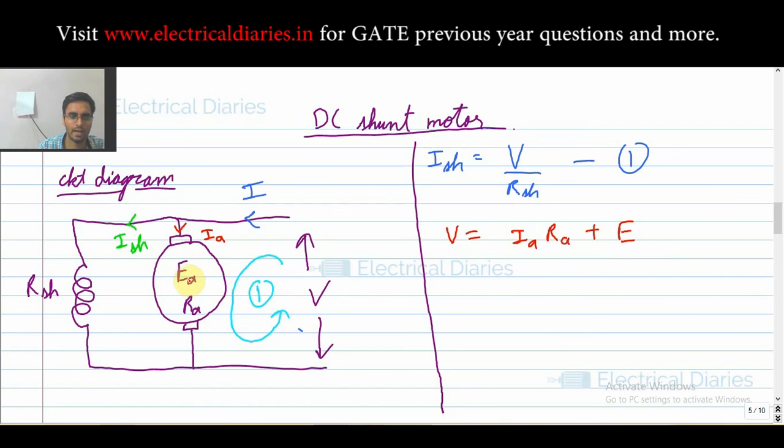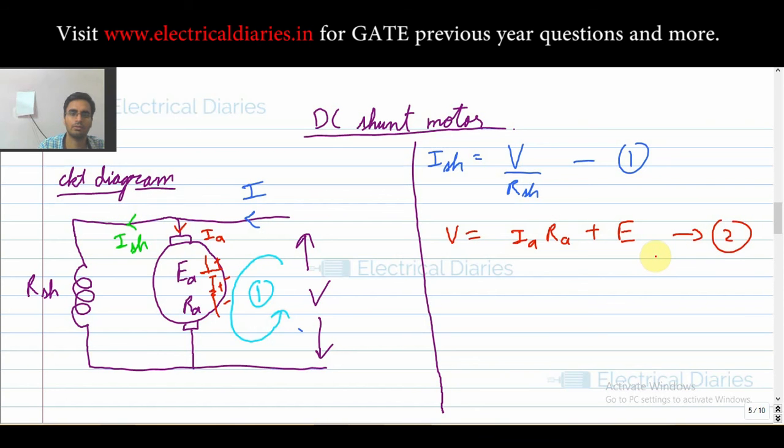Always remember the back EMF: if you want to draw the diagram, it will be plus minus. That is why the equation of KVL comes out in this fashion.